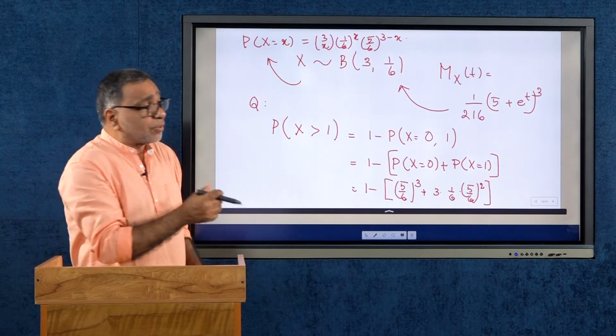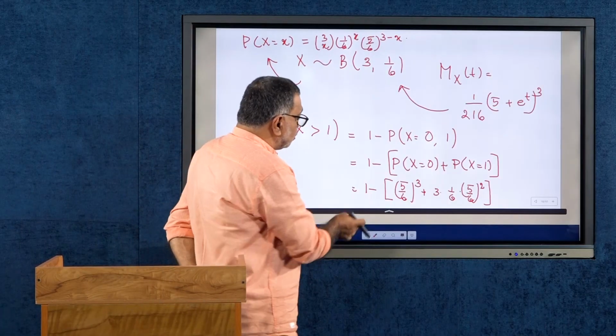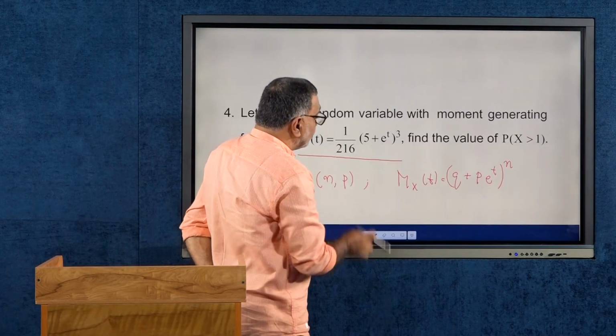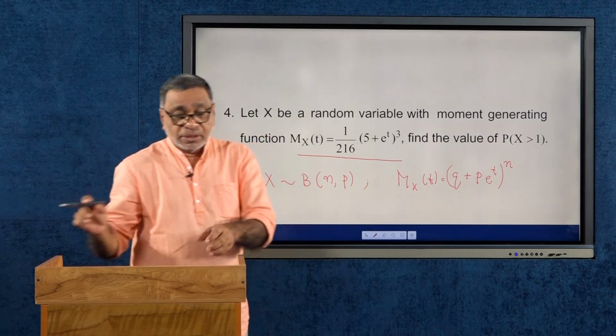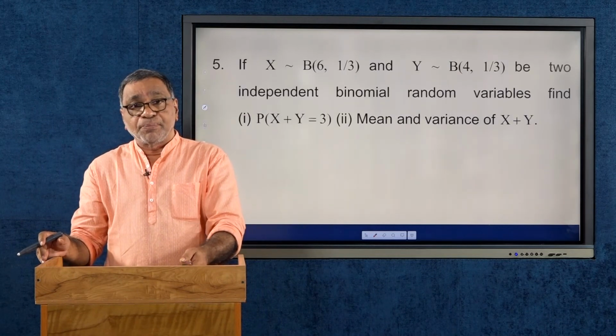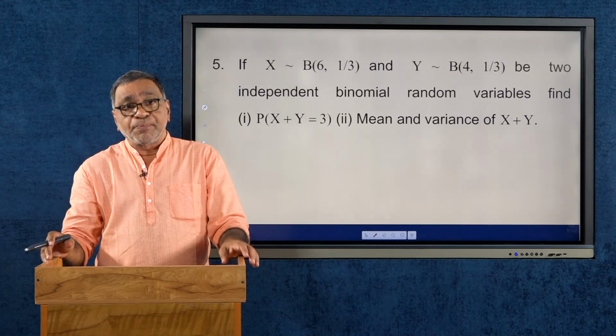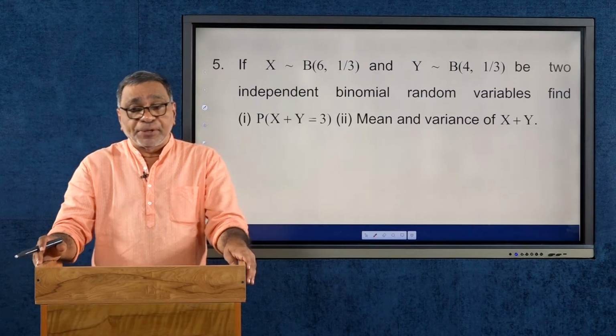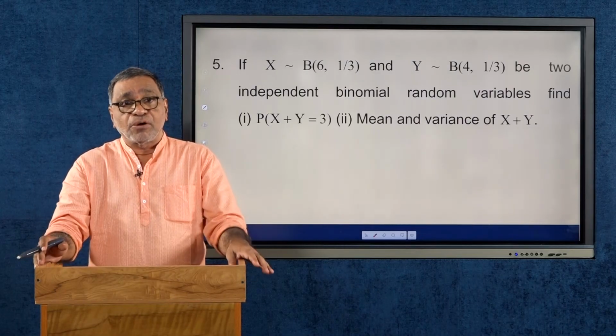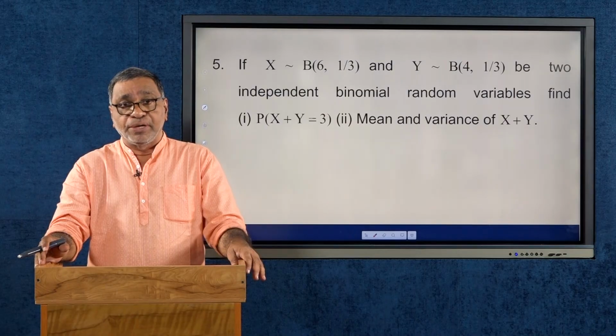So, that is a problem of the binomial distribution if you are given the moment generating function. Next, we consider another problem, that is a problem using the properties of the characterization of the binomial random variable.